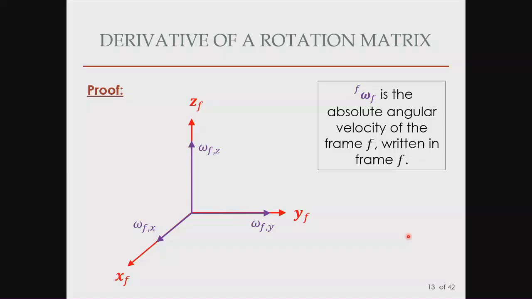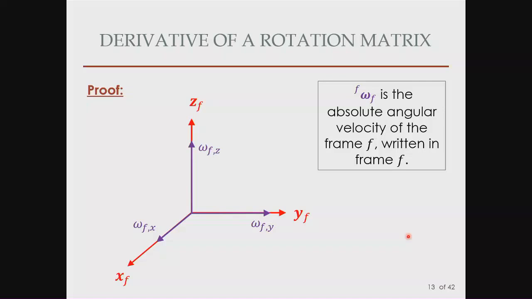Okay, so if I want to find out the direction of the red axes after some short delta t time, what I can do is a superposition of rotations about x, about y, about z. For example, this component of the angular velocity of the frame.